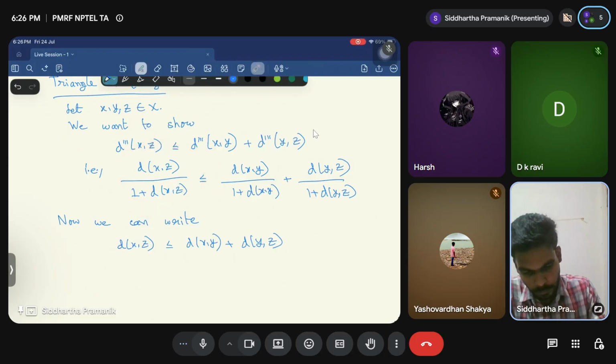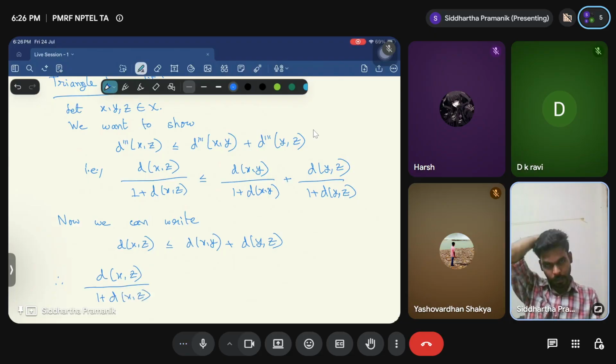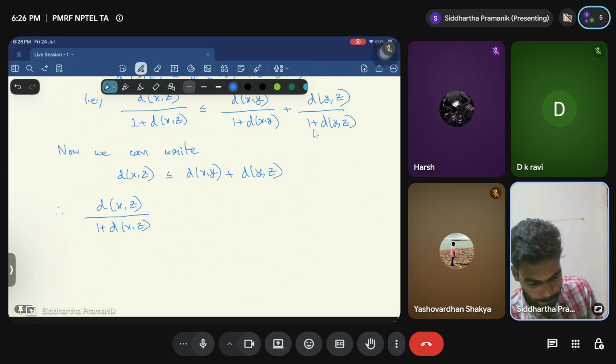So this d of x, z over 1 plus d of x, z, how to write this? So this is basically we can replace the top.